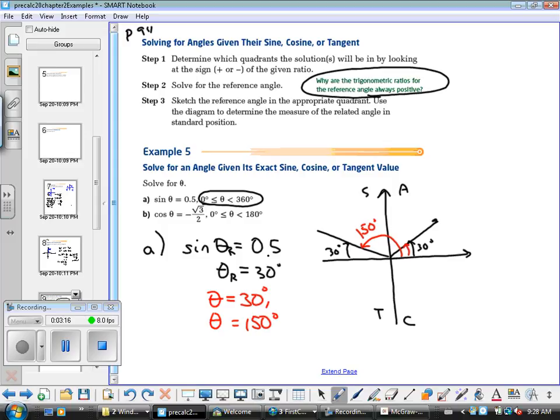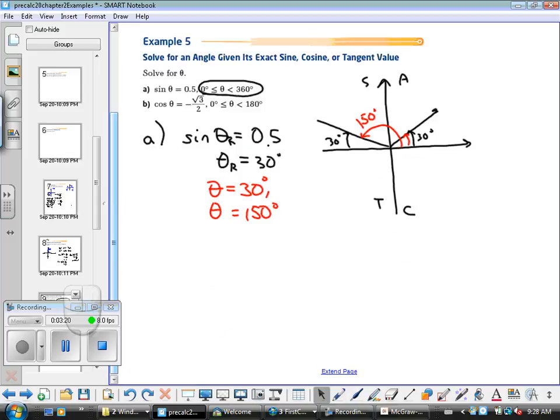For B, it's a negative. Like it says here, the technique tells us to solve for the reference angle, and in this case the ratio we were given had a negative cosine. We're just going to use the positive to find that reference angle. It just seems to be a little less confusing that way. So I said I was going to use the positive and then I wrote the negative, but obviously, use the positive.